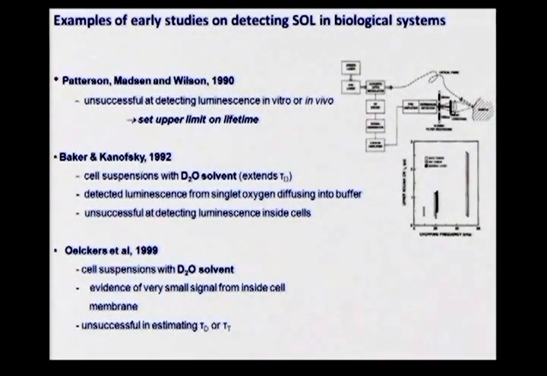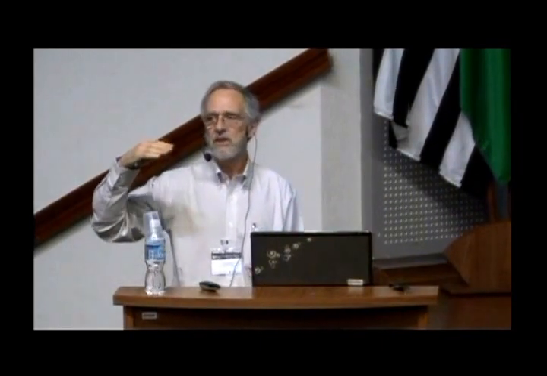So it was a completely negative study. We still published it, because although it was a negative study, the fact that we did not get a signal allowed us to calculate the upper limit on the lifetime. Okay, so if the singlet oxygen had lived long enough, this would work. The fact that we got no signal tells us the lifetime must be less than, in that case, 500 nanoseconds.